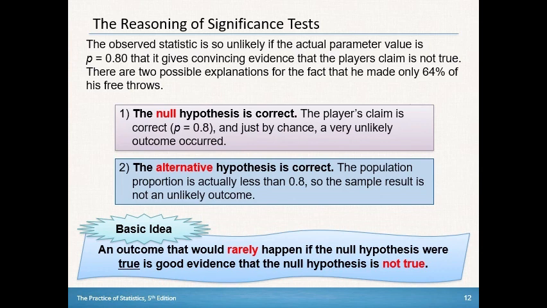So a low probability is evidence against the null hypothesis, right? So the low probability is the probability that we would get a result or one more extreme when the null hypothesis is true. And so low probabilities, right, something that rarely happens when the null hypothesis is true, is strong evidence that the null hypothesis is not true.